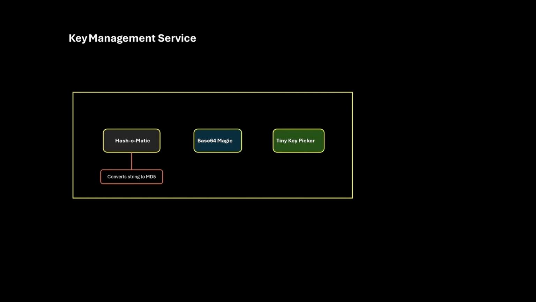Hashomatic reads that string and converts it to the MD5. Next, base64 converts that MD5 to a base64 string, and then TinyKeyPicker chooses the 7 characters from that base64 encoded string. We discussed the key management service and the 3 different modules which read the large URL and then create 7 magical characters.